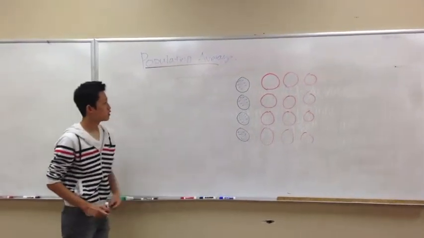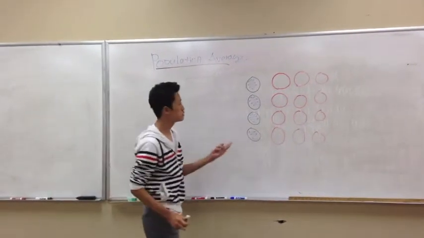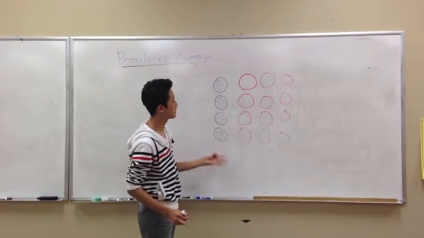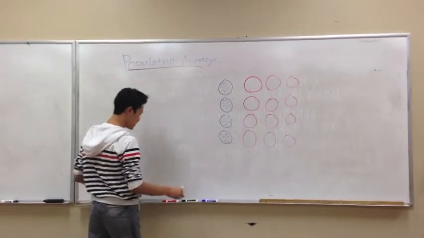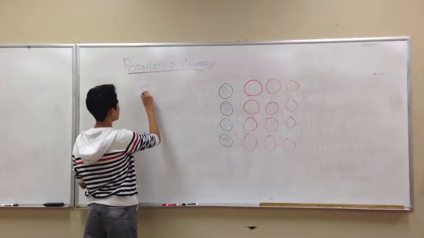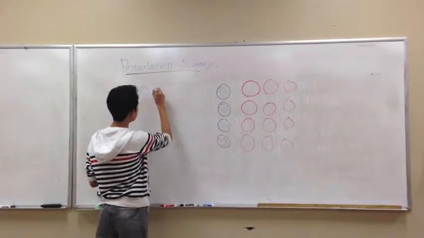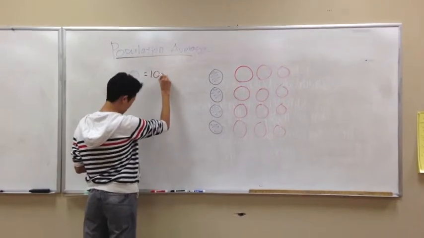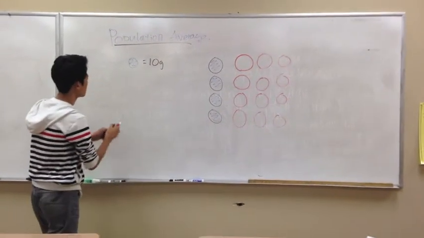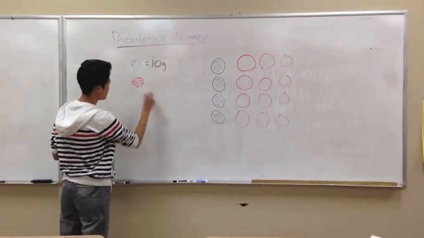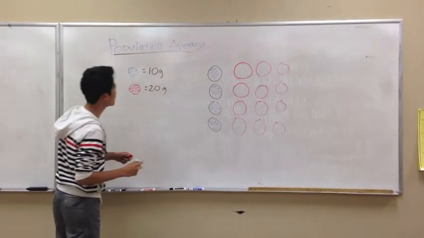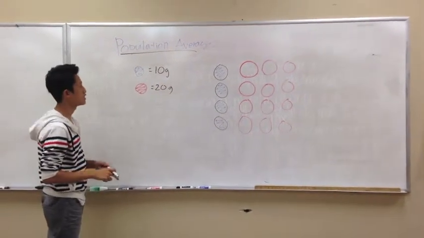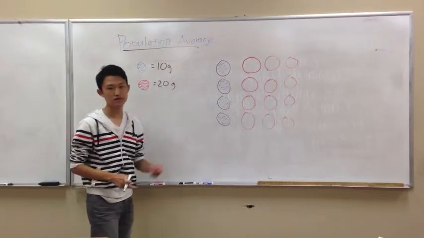So when you have two types of atoms in one group, and let's say the blue one is 10 grams, and the red one is 20 grams, what is the average mass of these two types of atoms as seen from the picture?